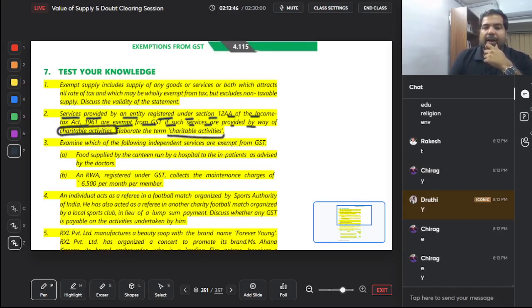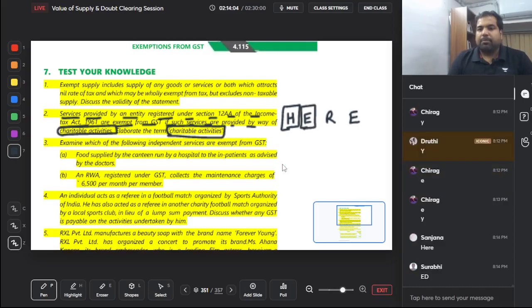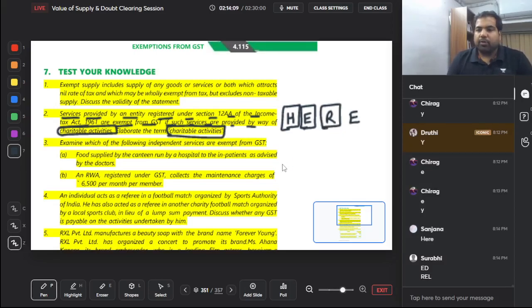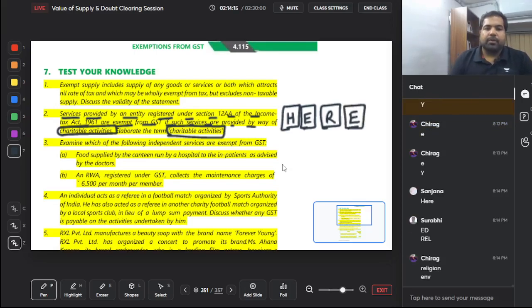Elaborate charitable activities. Guys, there are 4 charitable activities: healthcare, AIDS patient, terminally ill patients, education, which also includes skill development, religion, which also includes spirituality and yoga, and last, environment, wildlife and forest preservation.